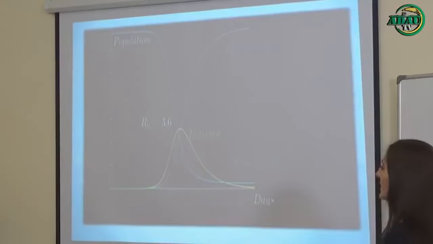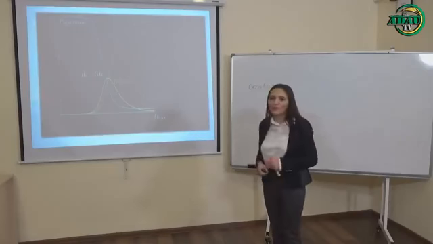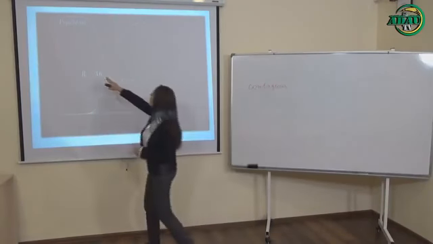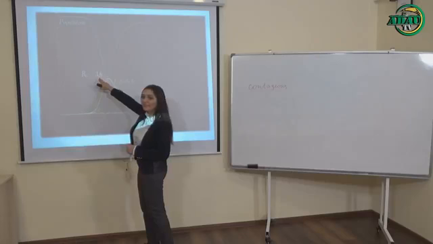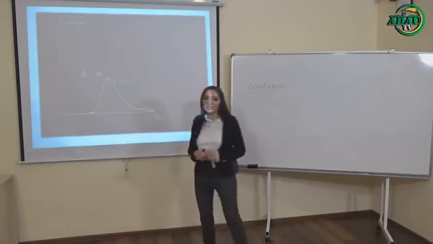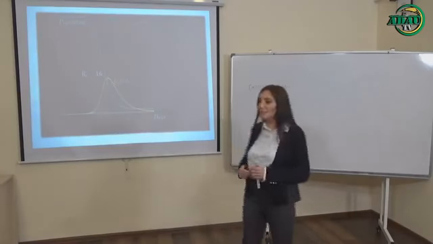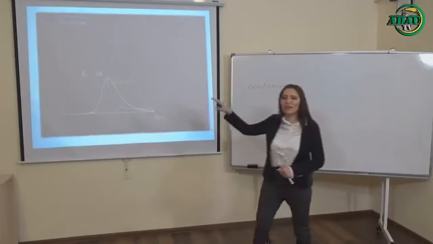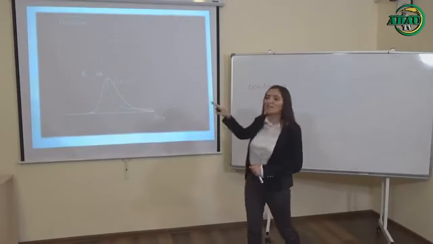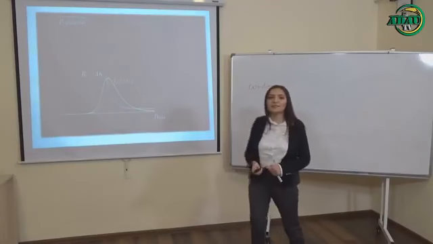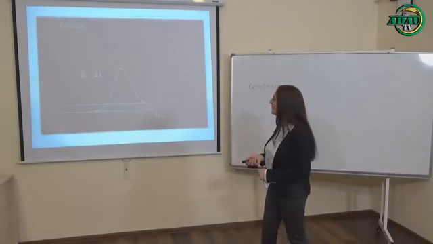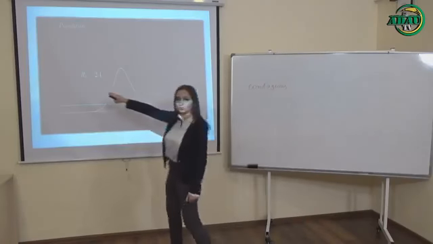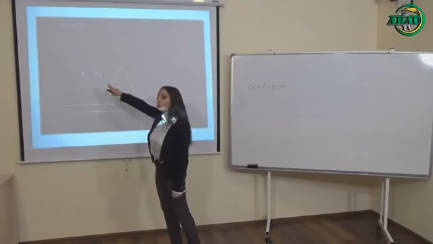If the spread of the virus is very high, here we can see it is 3.6. It means it's very contagious. And it means the curve is not so flat. The spread of the virus is high. Let's look at the second picture. Here we can see R naught is equal to 2.4.